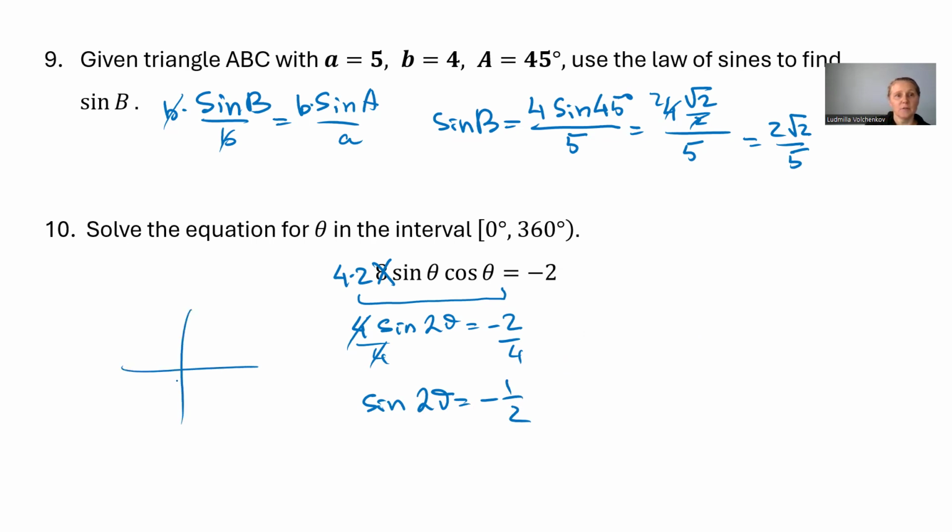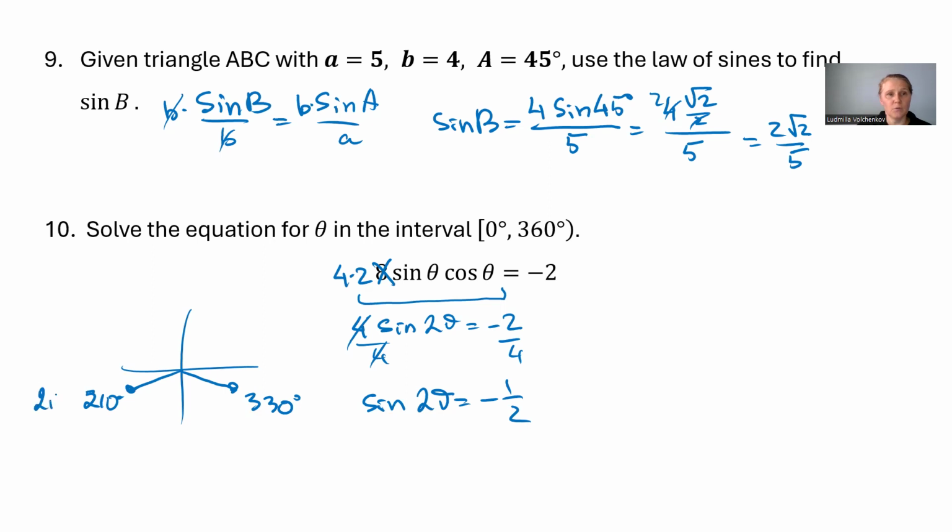So sine equals negative 1/2 in 2 places on the unit circle: 210 degrees and 330 degrees. But here we also have a change in interval.